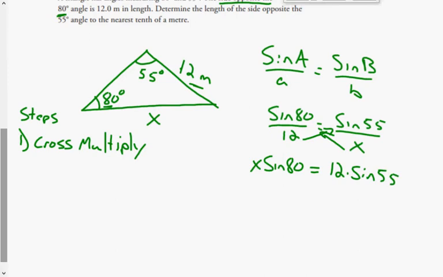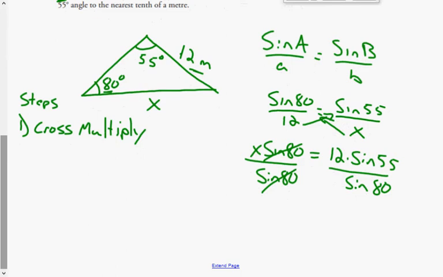Don't forget that little dot there means multiplication. Now I need to get x by itself, so I have x times sine 80. So the opposite of multiplying is to divide, so I divide both sides by sine 80. Like so, so that'll cancel out on this side. So now what I'm left with is, so my second step is to divide. And then the third step is to solve.